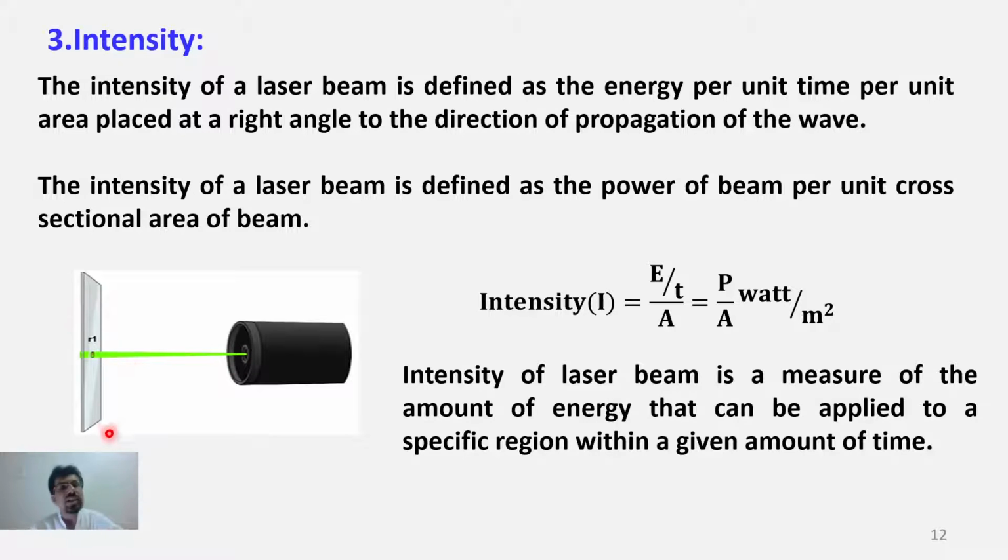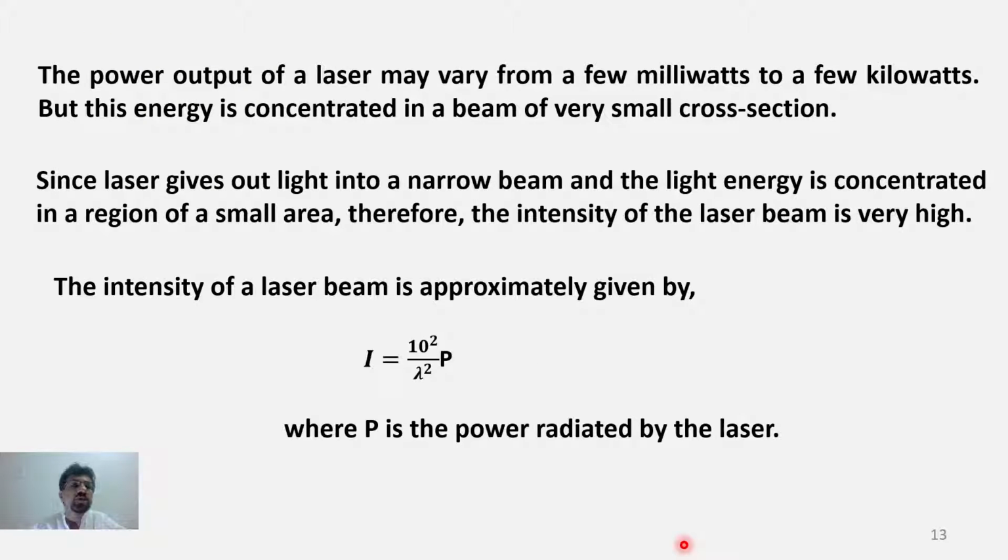When it is incident on this surface area, the intensity of this laser beam is a measure of the amount of energy that can be applied to a specific region within a given amount of time. So remember the definition of intensity and what its unit is.